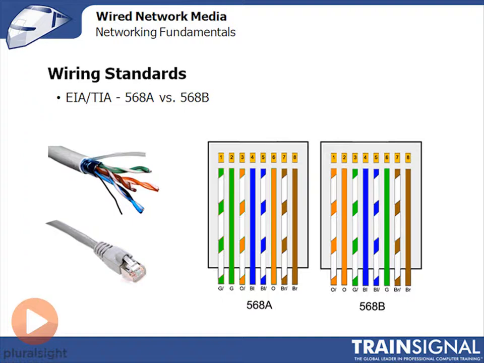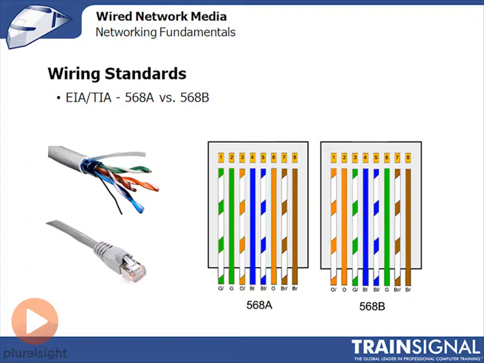So you'll see that the different colors that we have here are green and white striped, and then a solid green. We have orange and white striped and a solid orange. We have blue and white striped and a solid blue, and a brown and white striped and a solid brown. But they're not necessarily in that order.